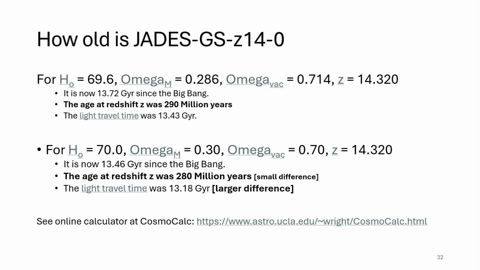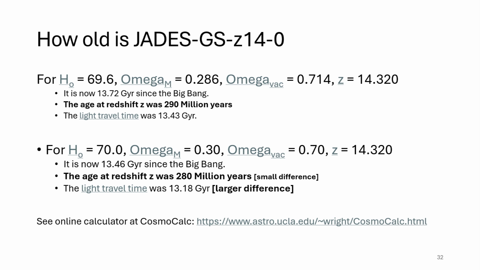It's good enough in my area, because the age of the universe differs by a couple of 100 million years, but at high redshift it's not a big difference. I'm not being lazy, it's just good enough. There's also a cool calculator where you can put in whatever your favorite cosmology is.